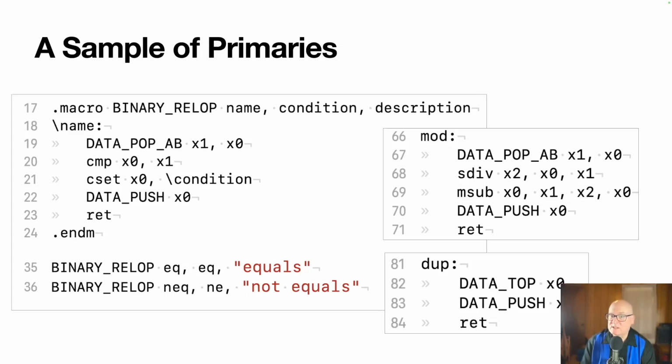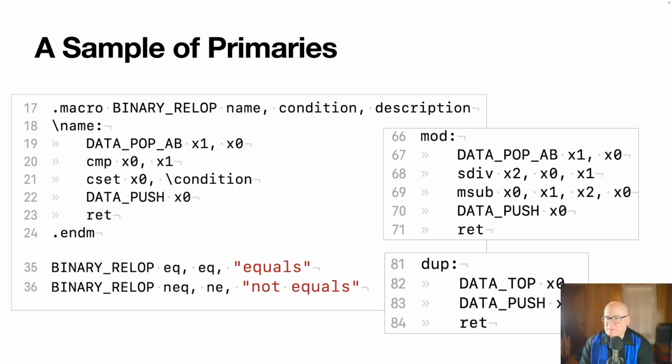Another one was mod. ARM64 doesn't have a modulo operator built in. So we did one where you divide, multiply and subtract. Again, you pop 2 values, you do a signed division, x2 equals x0 divided by x1, and then we did msub, which is a multiply and subtract.